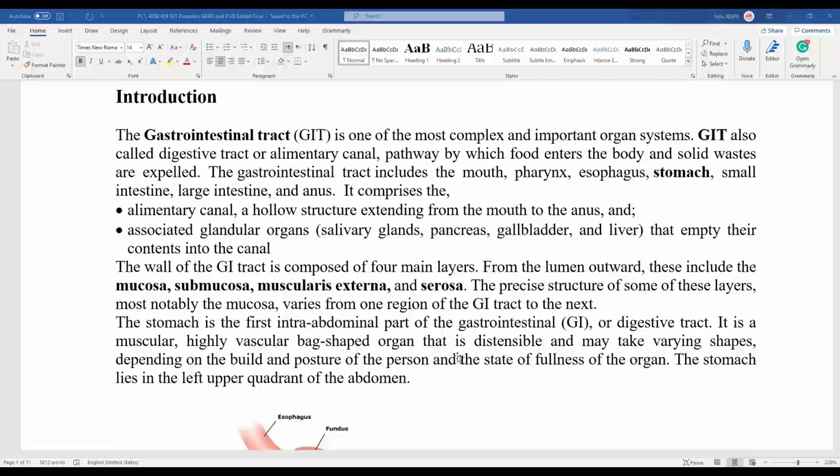This one sort of describes what we're talking about. It starts from the mouth, the oral cavity, esophagus, then to the stomach, small intestine, large intestine, and finally the anus. So you take something in through the mouth and something else is coming out through the anus.